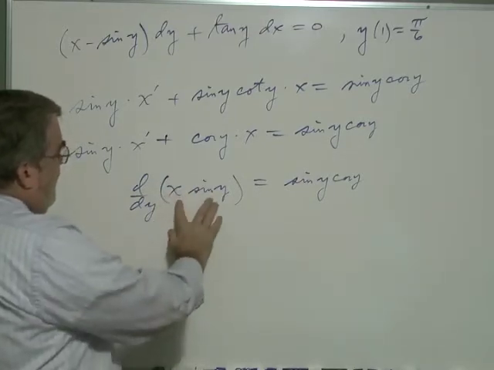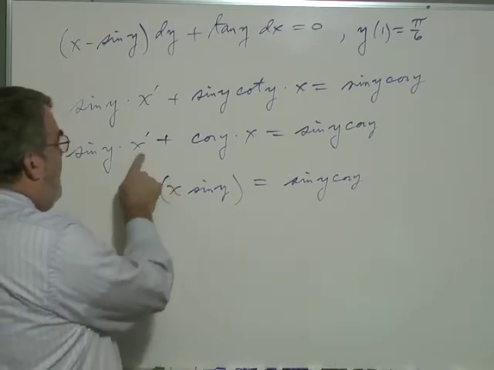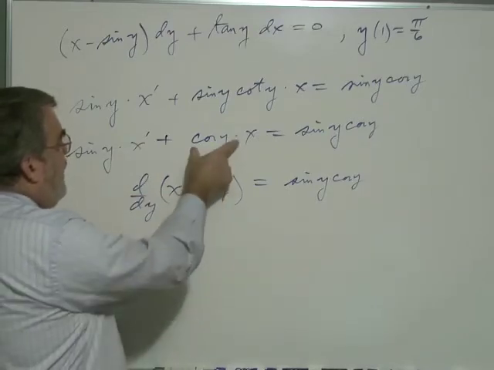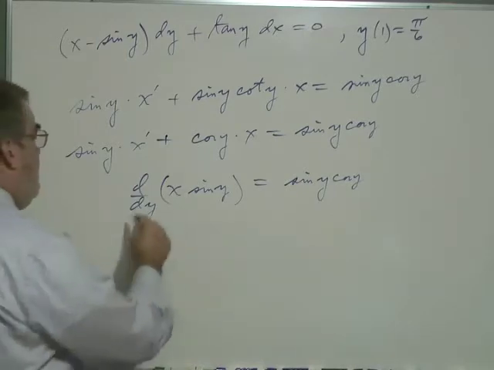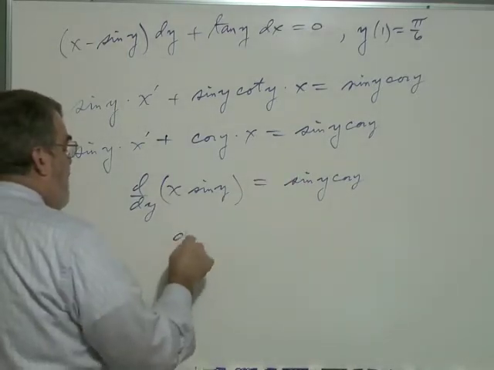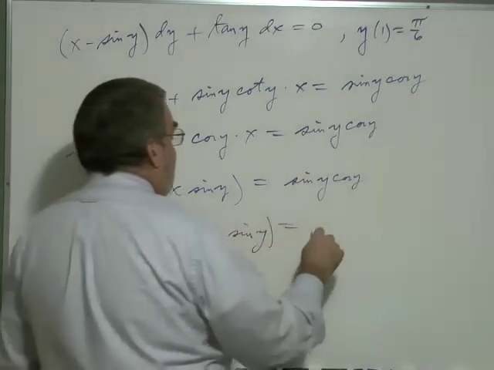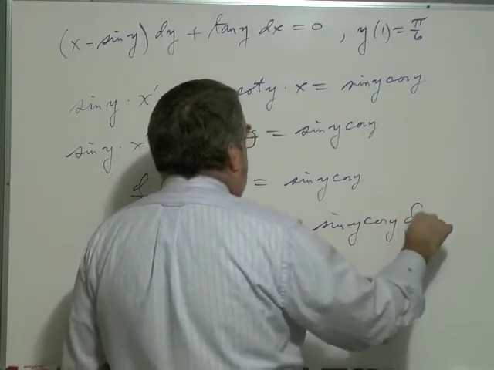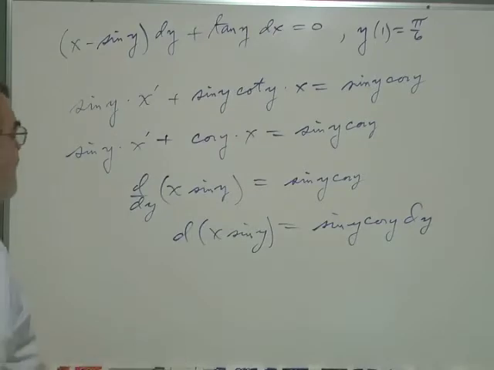So if I take this derivative with respect to y, I get x prime, dx dy, times sine y plus this derivative is cosine times x. So it works out. And multiply through by dy, I've got the differential of x sine y equals sine y cosine y dy. Alright. So now we can integrate both sides.